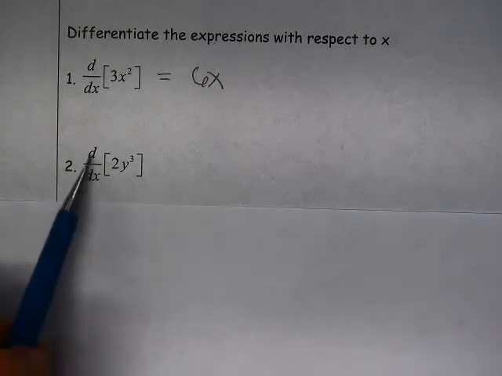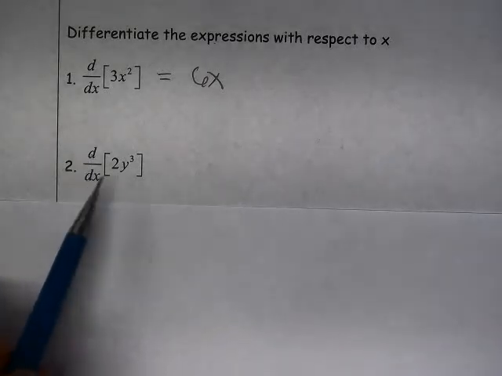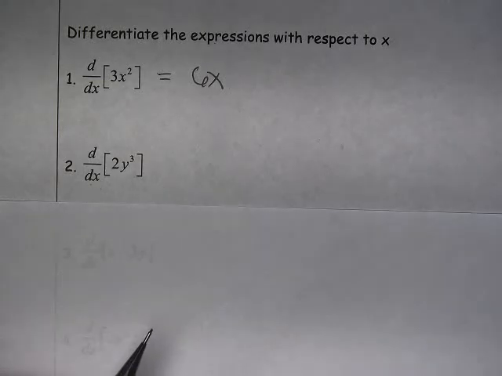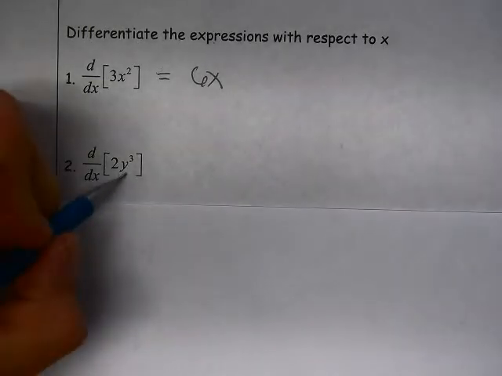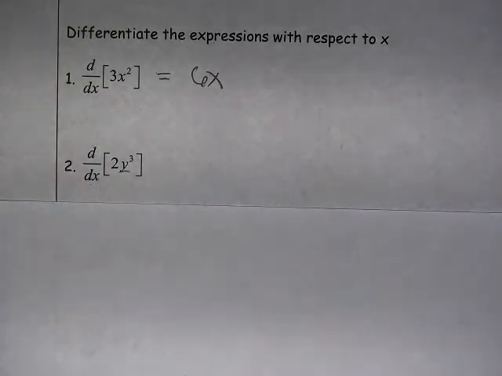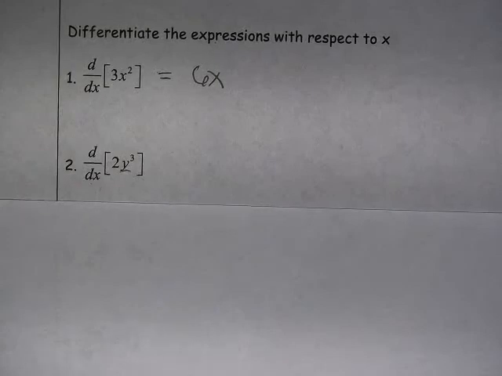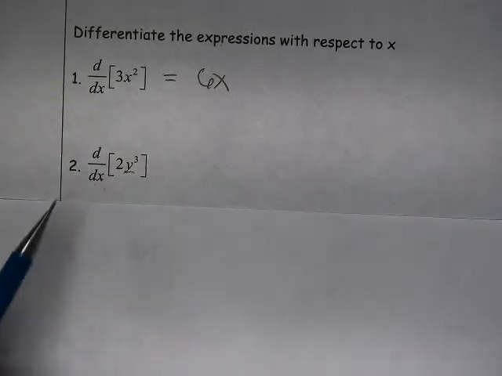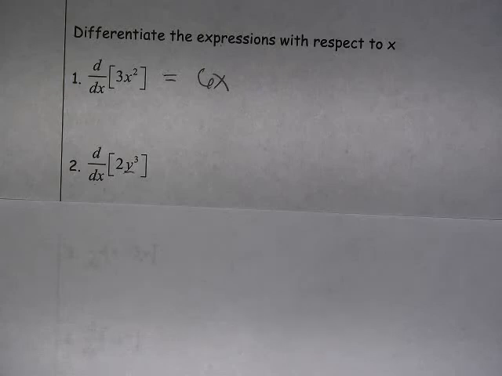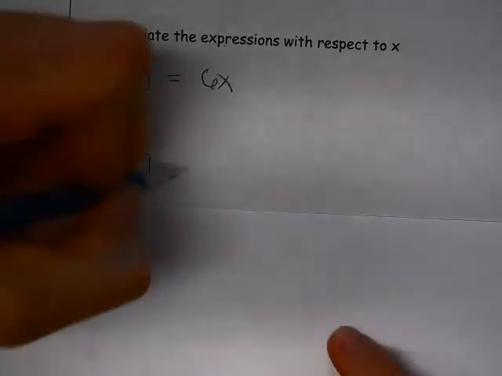We have the derivative with respect to x of 2y cubed. Y itself is a function of x. So really what we have here is a composite function. So whenever we take the derivative of y with respect to x, we need to use the chain rule. And here's how we would apply it in this case.